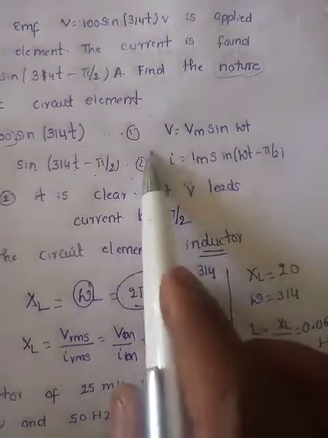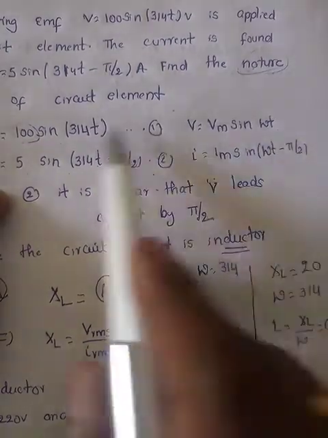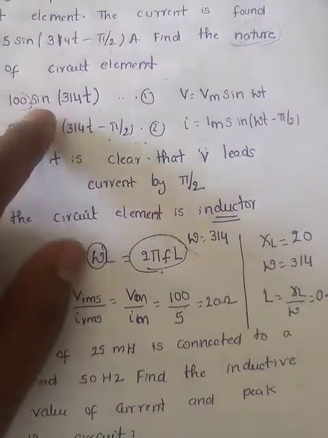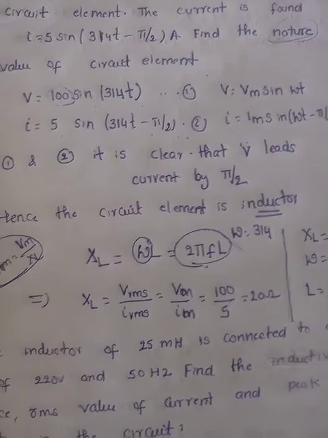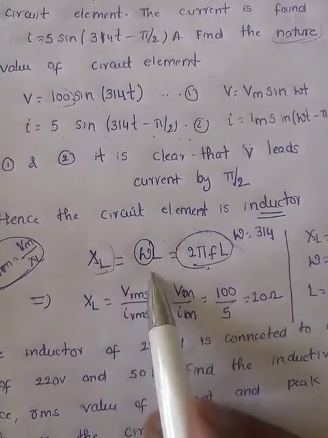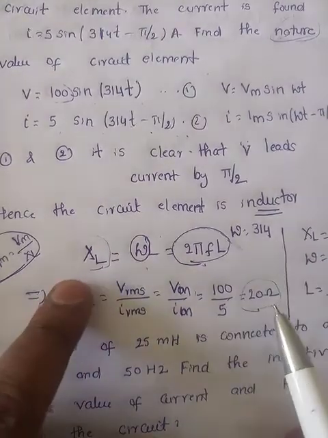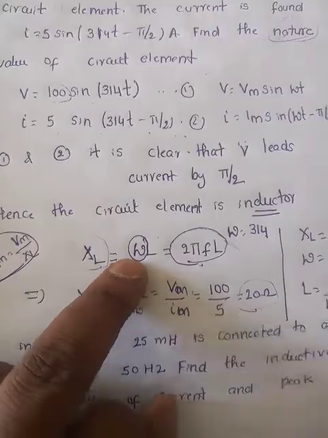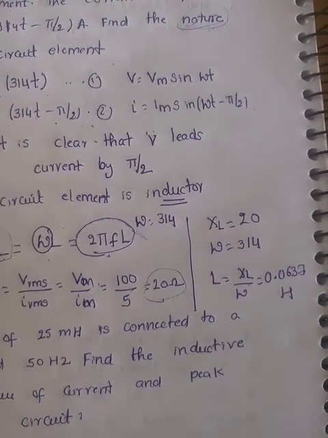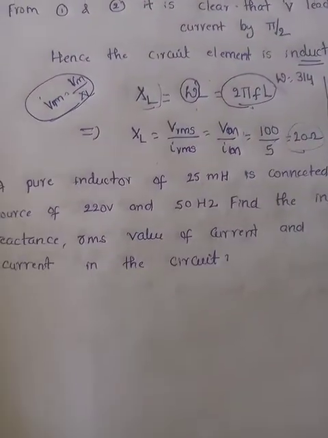Here Vm is 100, Im is 5 and omega is 314. From equations 1 and 2, voltage leads current and the circuit element is an inductor. XL equals omega L, and XL equals Vm by Im, which is 20 ohms. From this, L equals XL by omega, which equals 0.0637 Henry. Okay. Next question.